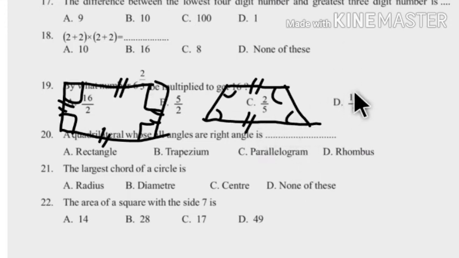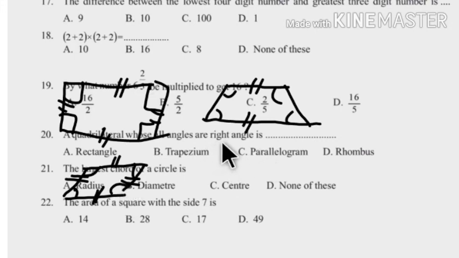In the case of a parallelogram, a parallelogram is just a tilted version of this rectangle, because the opposite sides are parallel here. Here also these two sides are parallel and equal. These two sides are also equal and parallel, but here the interior angles are not 90 degrees.